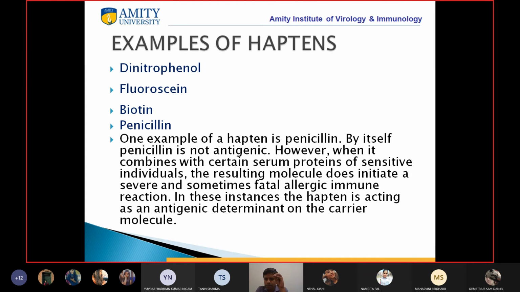But in some people who are sensitive, this penicillin binds to some serum protein, and because of this binding there is formation of a hapten carrier conjugate, so penicillin plus carrier protein.